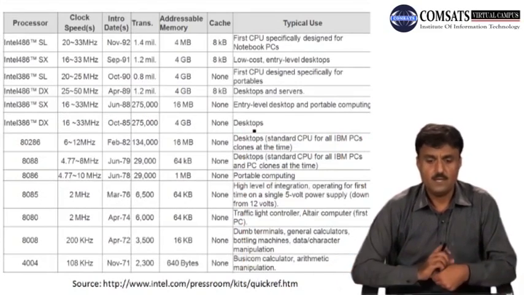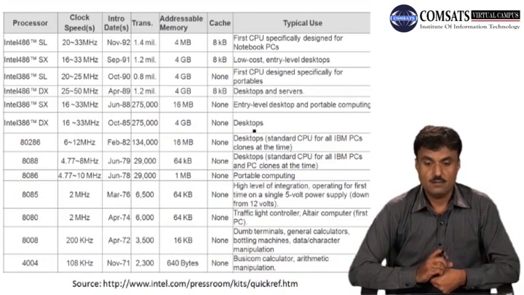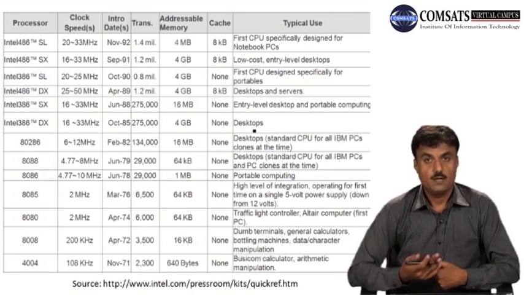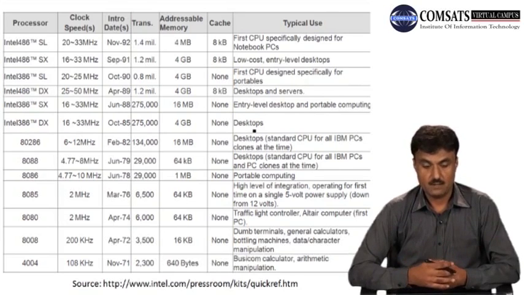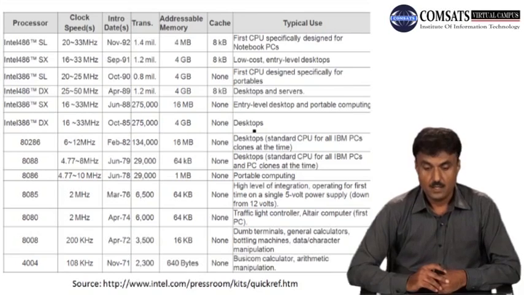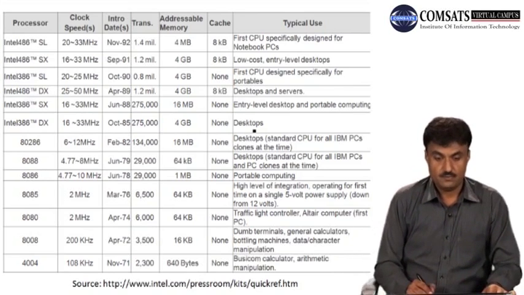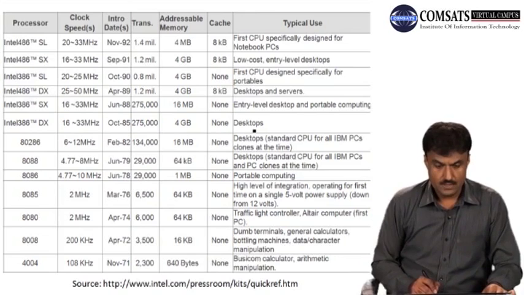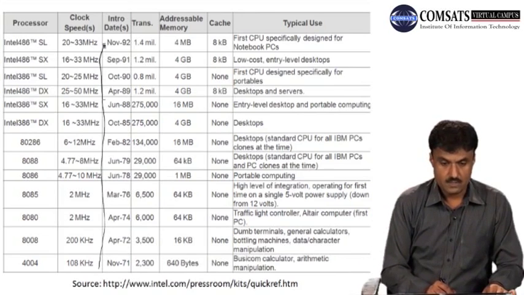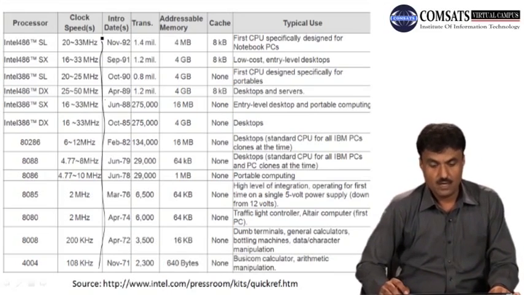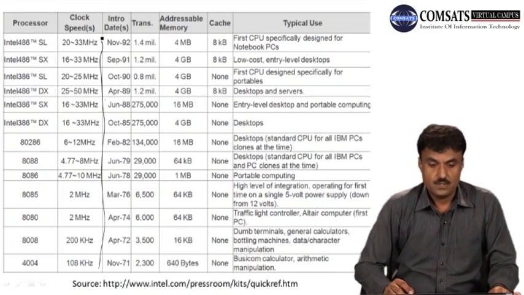Here you can see the comparison of all the microprocessors from the 486 back to the 4004. The main thing to observe is the increase in speed, from 108 kilohertz to 33 megahertz.